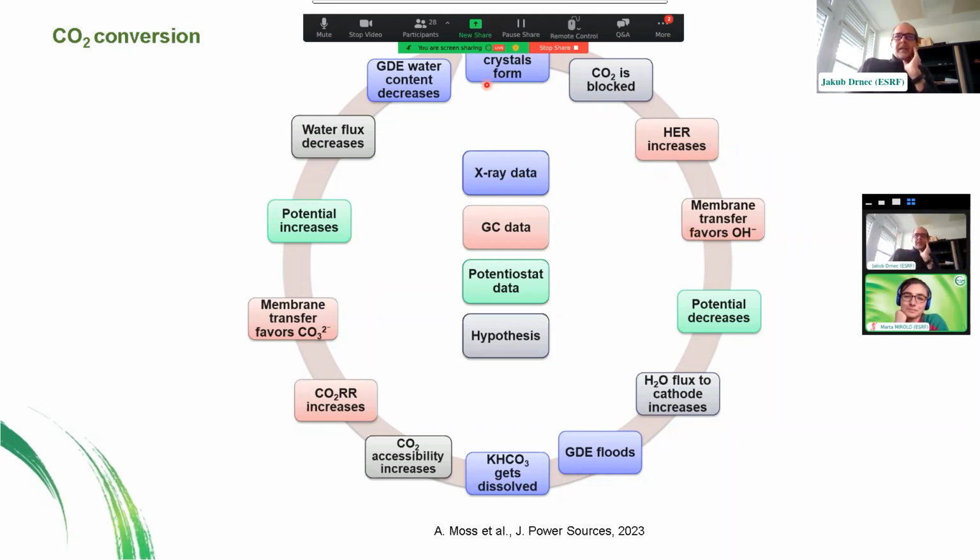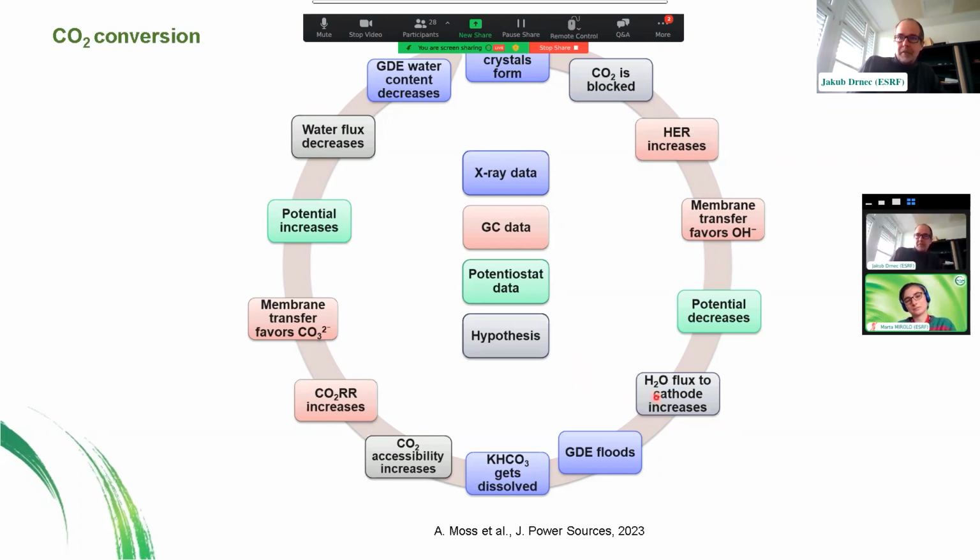So first, let's start that we decrease the water content in the gas diffusion layer. Then we form the crystals of carbonate. This blocks the CO2 stream on the electrode, which in turn increases the hydrogen evolution. This is what we saw there. That means that the membrane transfer favors hydroxyl groups. Then this means that the potential decreases also in the cell.